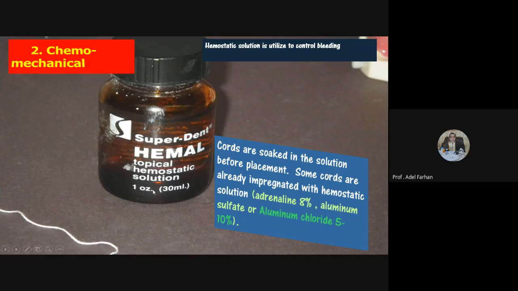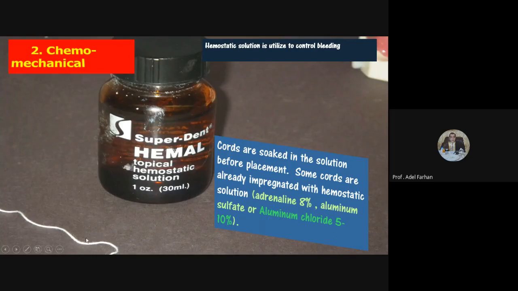Medicament, most of these are vasoconstrictors, okay, such as adrenaline or aluminum sulfate or aluminum chloride. Most of the time we use aluminum chloride, and others might affect, especially if the patient has any heart disease or circulatory system problem ما نستعملها لأن might be side effect مثل ما تعرفون. فmost of the time we use aluminum chloride 10% or 5%.